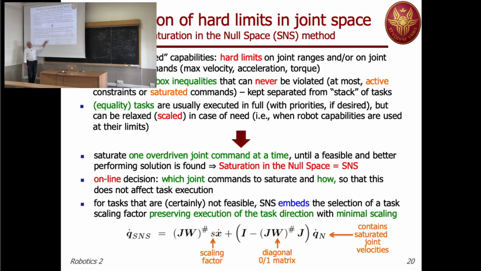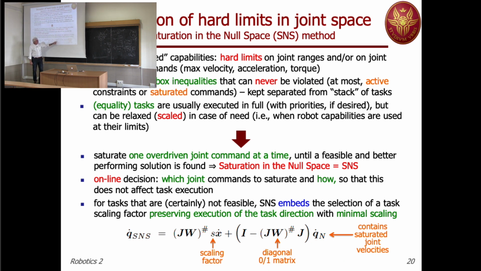So if S remains 1, we are doing the original task velocity exactly. If S is reduced a bit or more, we will do the same direction, but with a lower task speed, okay? And we would like to keep the variation the least possible, if possible no variation at all, so S equal to 1, or S close to 1, okay? And then a term in the null space. The null space is generated in this way.